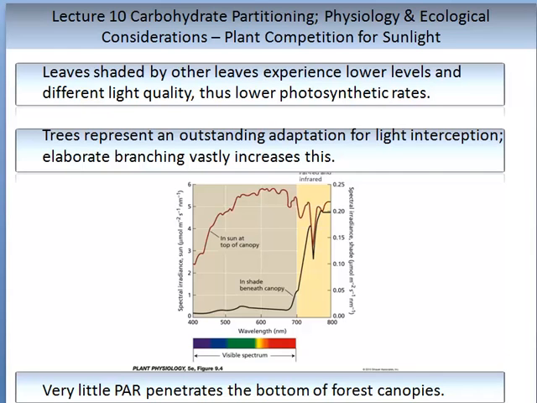Trees represent an outstanding adaptation for light interception. Elaborate branching vastly increases this. Very little photosynthetically active radiation penetrates to the bottom of forest canopies, and this shows some of the efficiencies that these canopies have obtained.